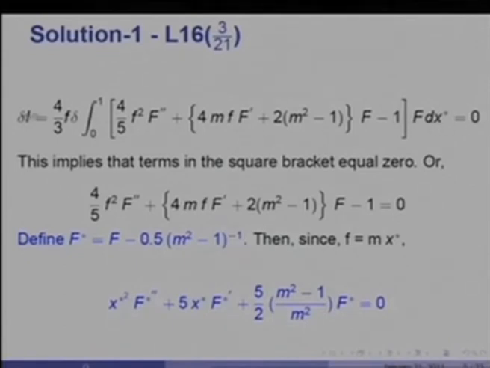This shows that the term in the square bracket itself must be 0, or 4 by 5 f square f double prime plus this term minus 1 equal to 0.